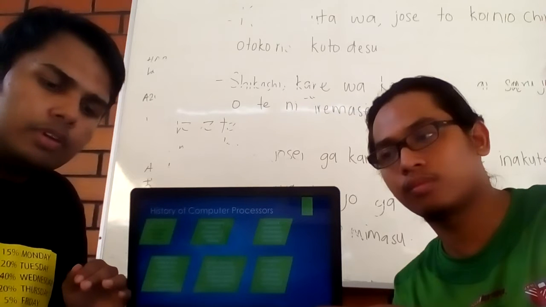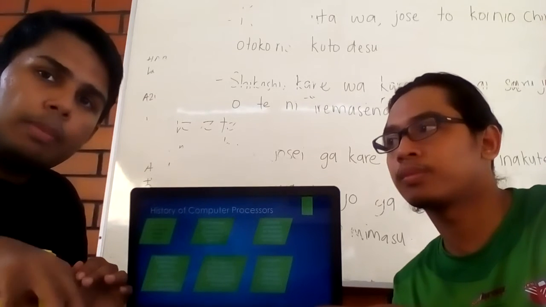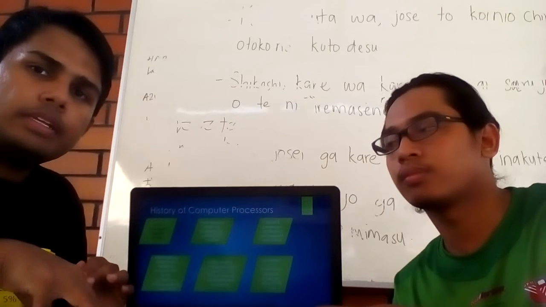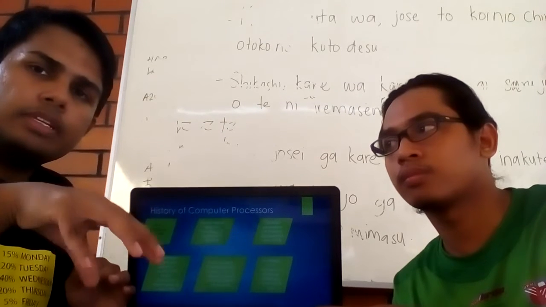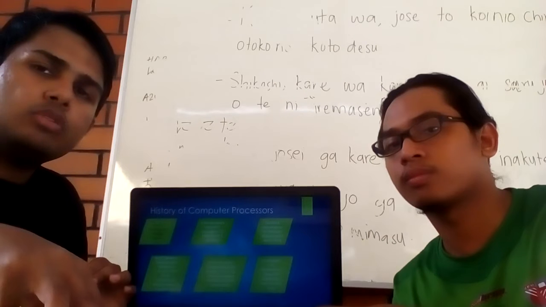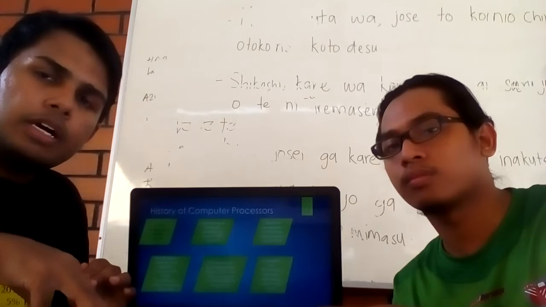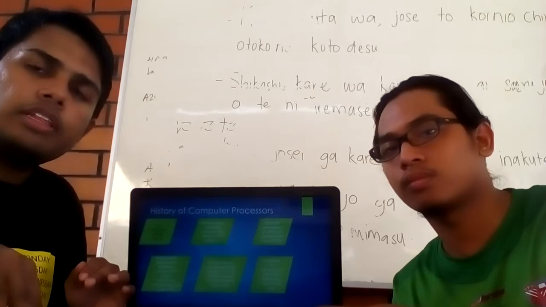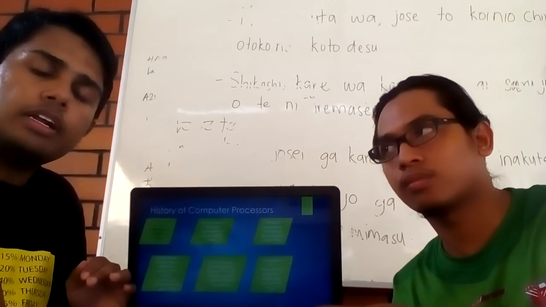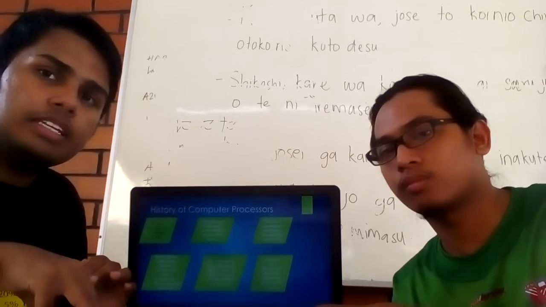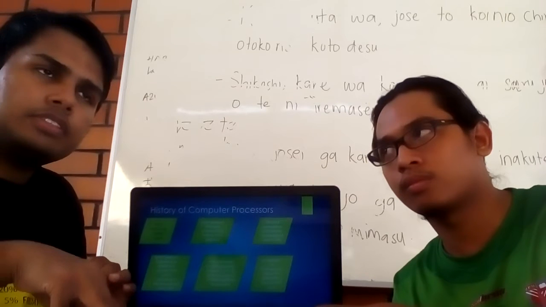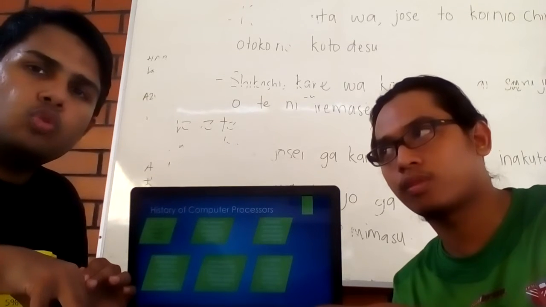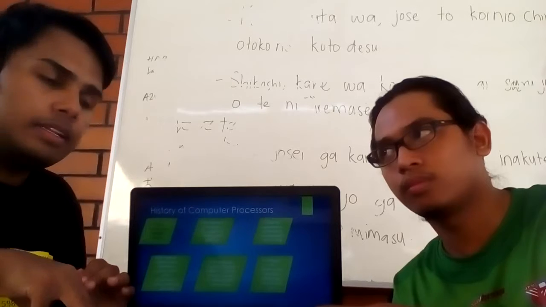Even though the i7 was released to the public in 2007, the very basic one was released to the public in 2006. It's much older than the i3, but the i3 is not the fastest processor currently. It is the i7, because the i7 has the fastest speed, currently up to 4.0 gigahertz.